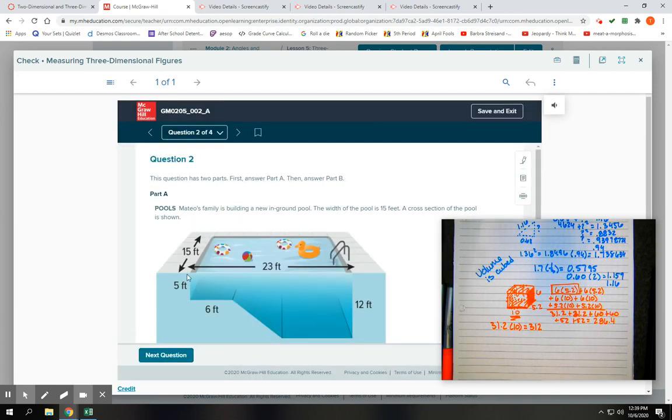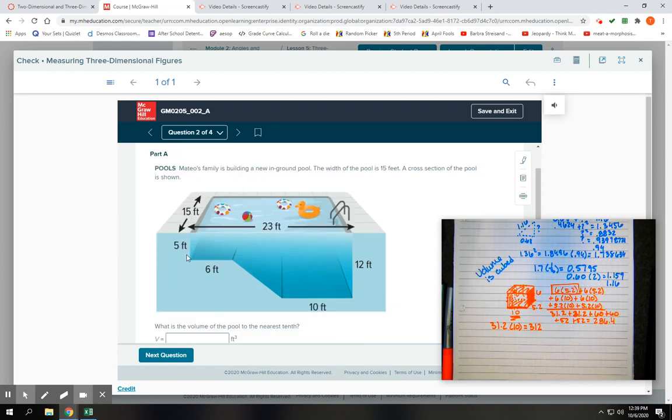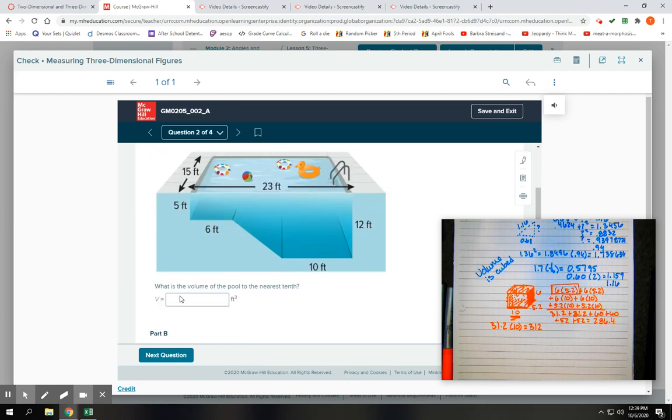The width of the pool is 15 feet. A cross-section of the pool is shown. All right, so it's one of those pools that gets deeper. What is the volume of the pool to the nearest tenth? To find the volume of this one, we're going to have to split it into 3 different parts: this rectangular prism, this triangular prism, and this rectangular prism.